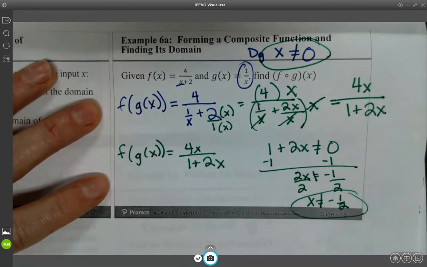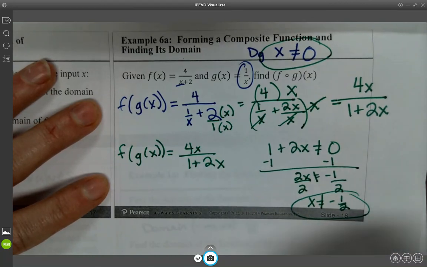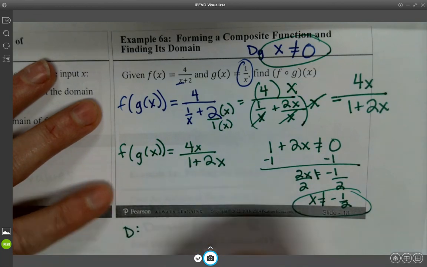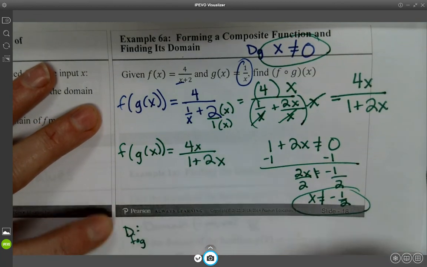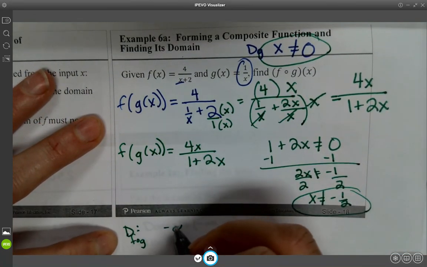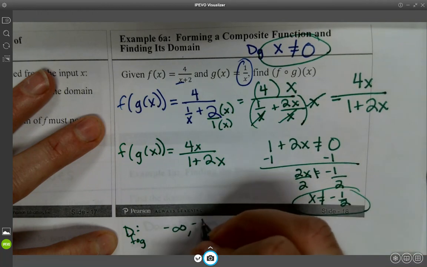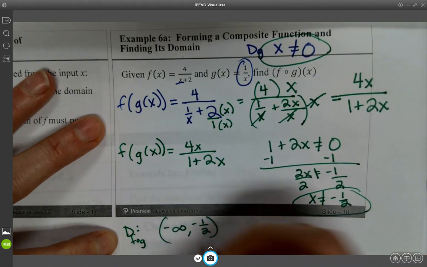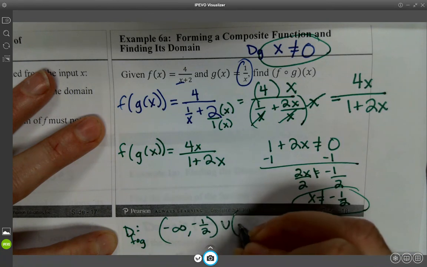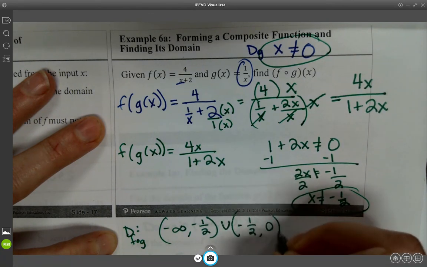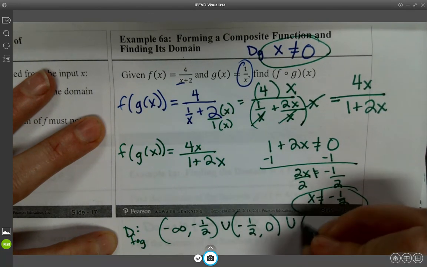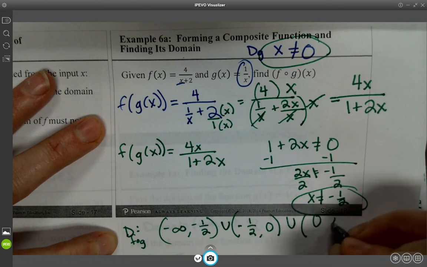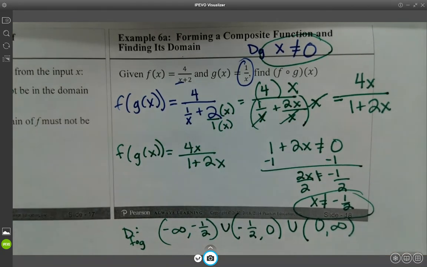So these are our 2 restrictions. So remember, you go least to greatest. So we'll start with f of g. It's going to go negative infinity to negative half, union, negative half to 0, union, 0 to infinity. And that's our domain.